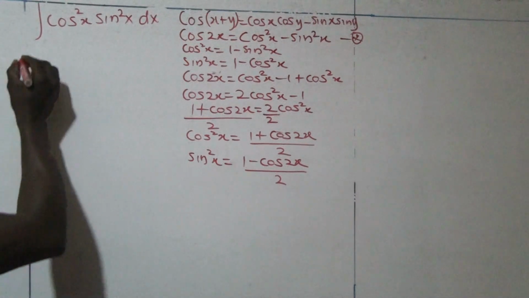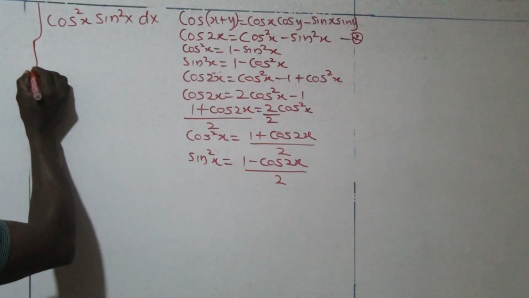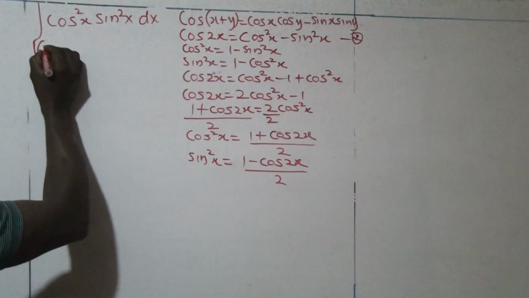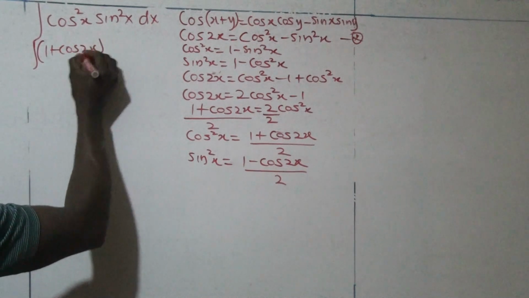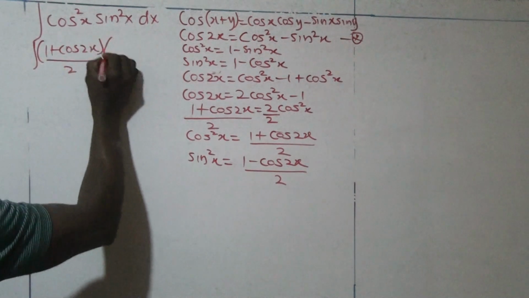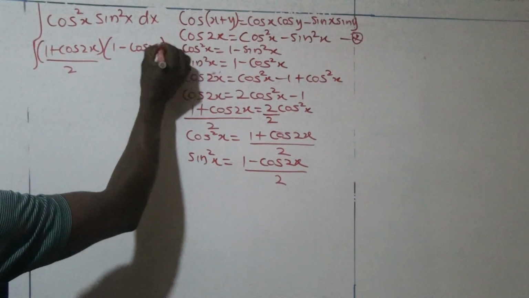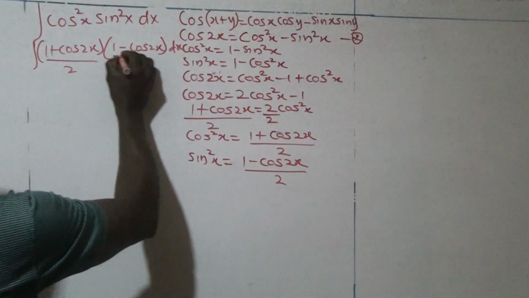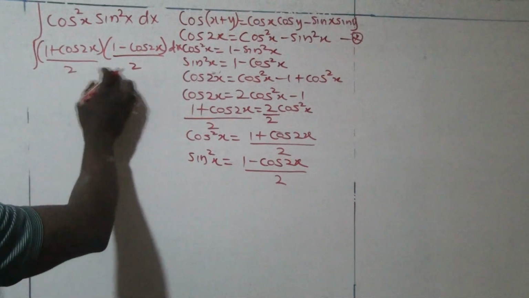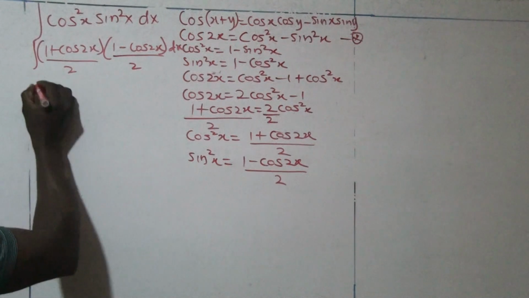So here we can now write that this is equal to the integral of (1 plus cos 2x) over 2, and (1 minus cos 2x) over 2, dx. Here we have fractions, so we bring out half times half.